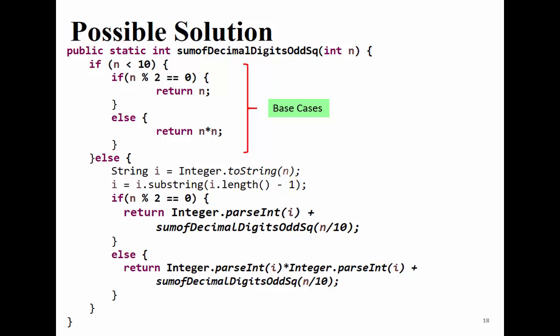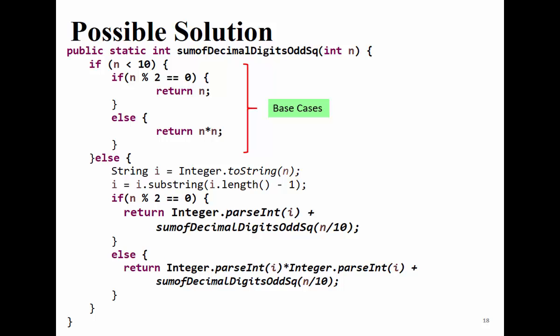Then he checks n mod 2, which is independent from i; this is related to n. He starts looking at n. What he is doing is using n mod 2 only to extract the digits.